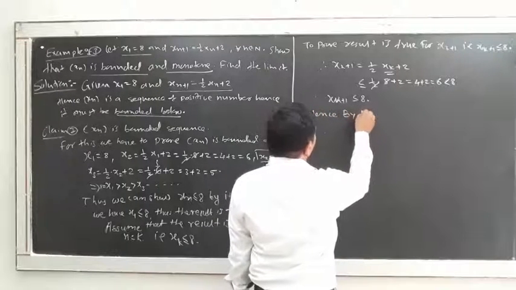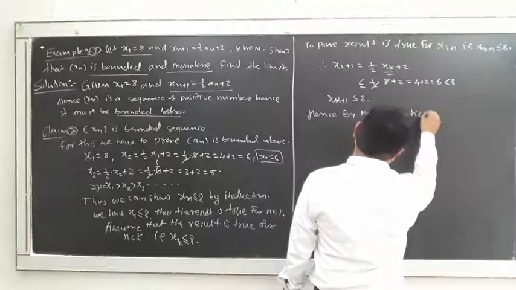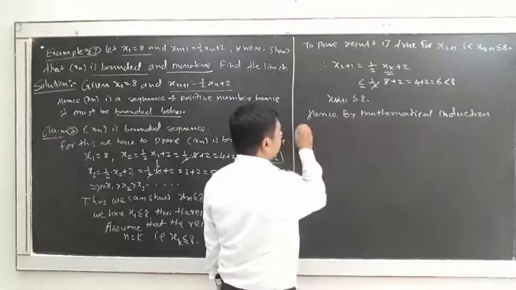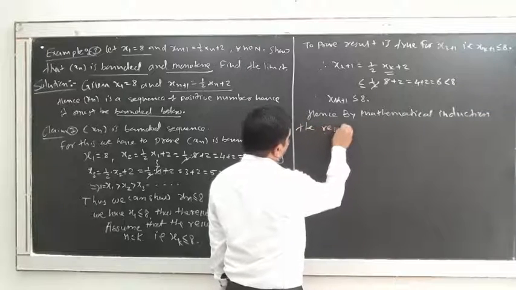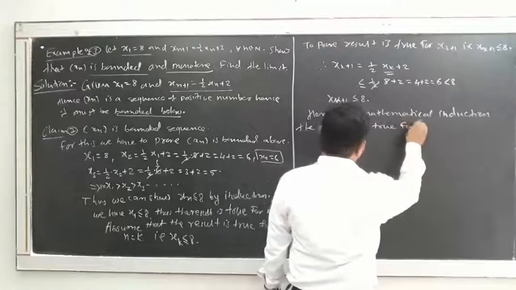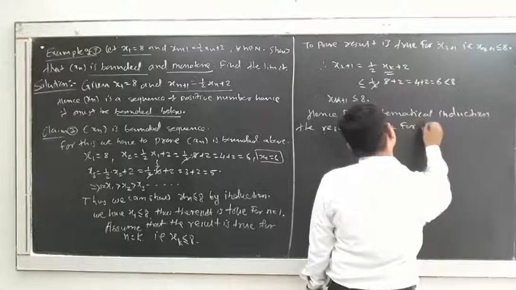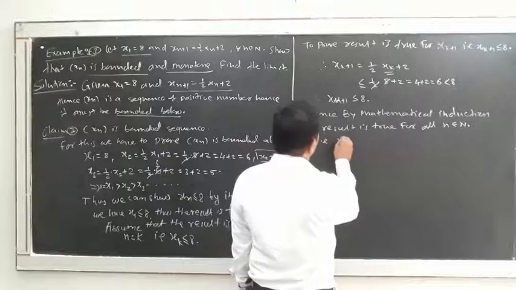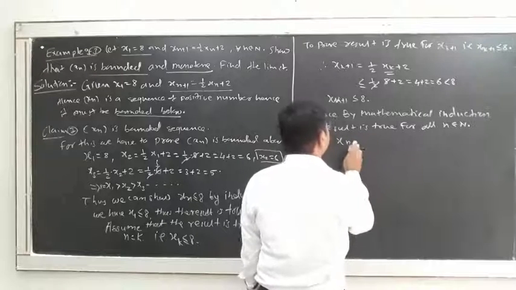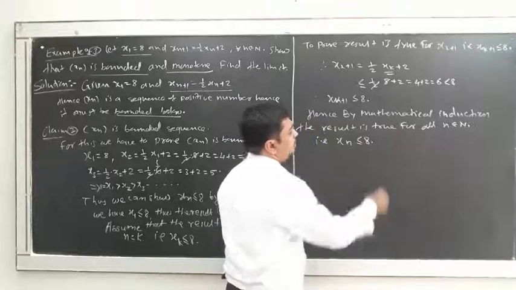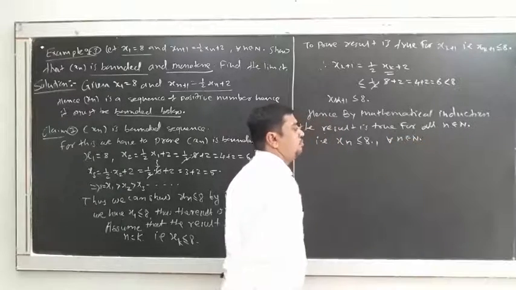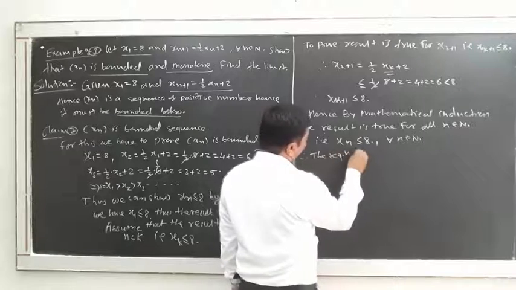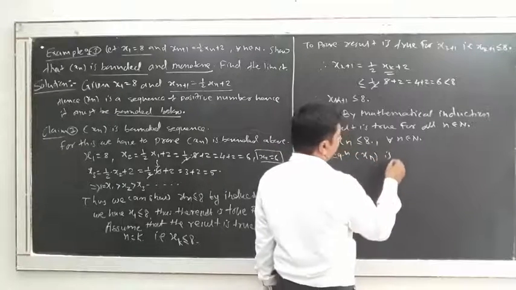Hence by mathematical induction the result is true for all n belonging to the natural numbers, that is xn is less than or equal to 8 for all n. Therefore the sequence xn is bounded above.